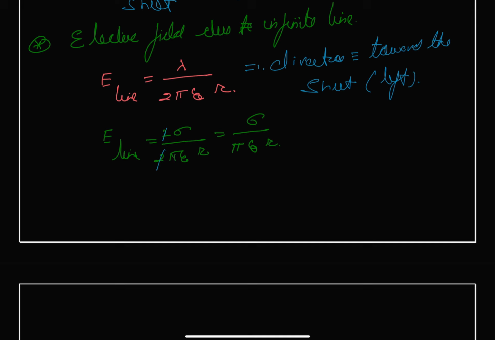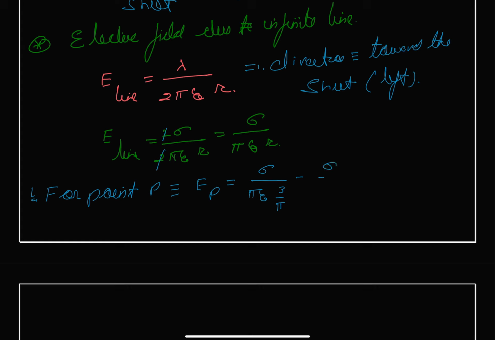So we can write for point P, our electric field EP will be equal to sigma upon pi epsilon naught, and distance is 3 by pi, minus because of the sheet, and that will be the same, independent of distance.